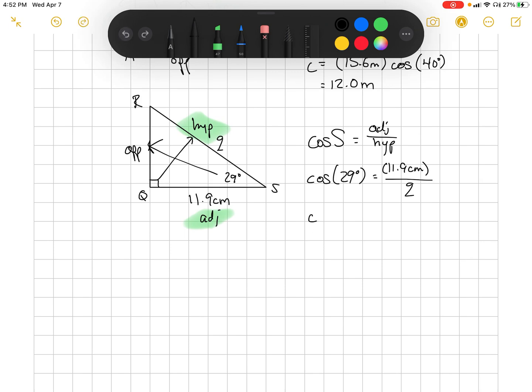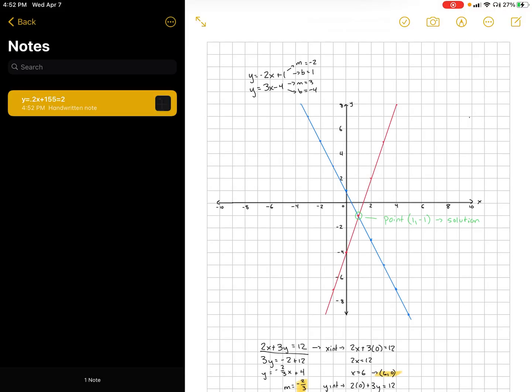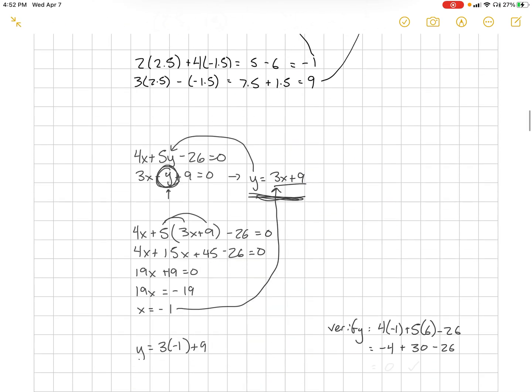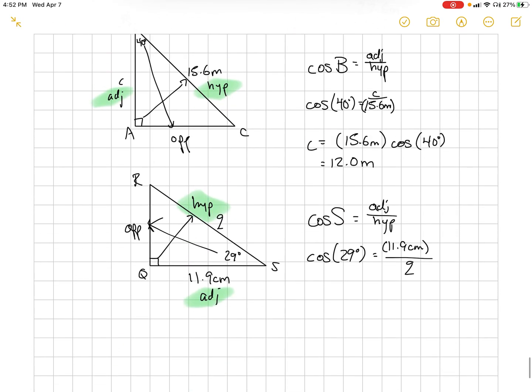Q cos 29 degrees equals 11.9 centimeters. Dividing both sides by cos 29, Q is equal to 11.9 centimeters over the cosine of 29 degrees, which gives us Q equal to 13.6 centimeters, like so.